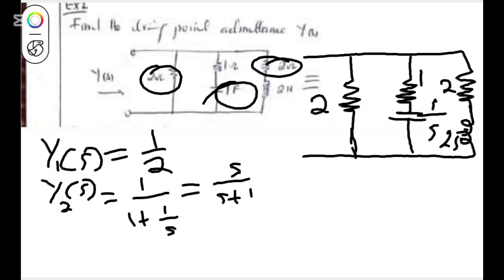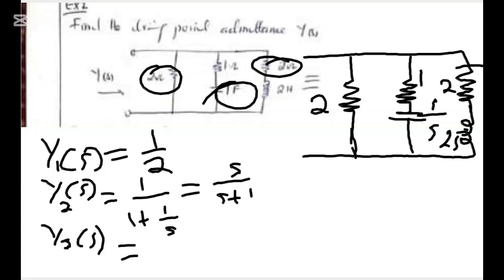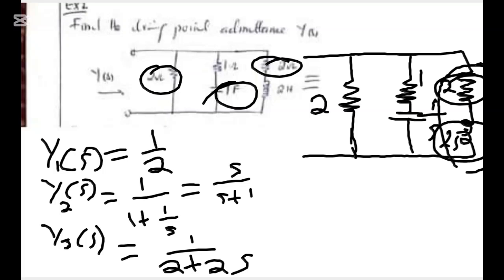And therefore the inductive branch, which is y3(s), is the same thing as what? In parallel. So therefore this is the same thing as saying 1 divided by 2 plus 2s. As you can see, this is 2 and this is 2s.